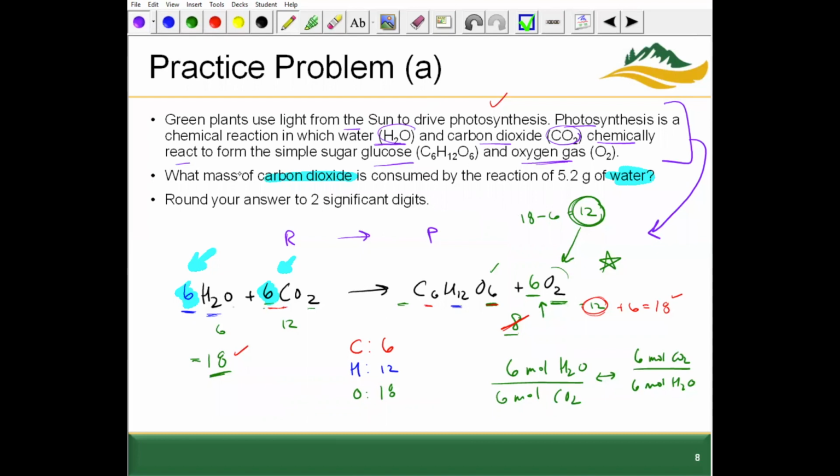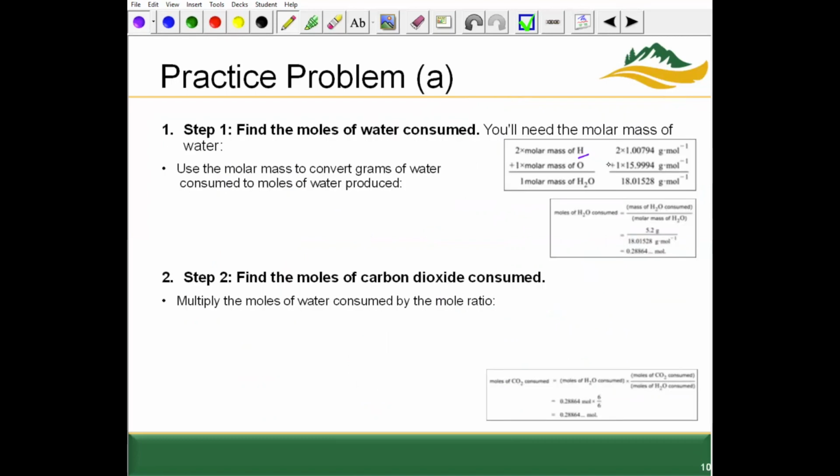In this question, again, we're asked about the mass of CO2 from this specified mass of water. So for the molar mass of water, we can go to the periodic table, look up the atomic mass of hydrogen and oxygen. We know that the formula for water is H2O, so 2 hydrogens and 1 oxygen gives water a molar mass of about 18 grams per mole, or 18 AMU.